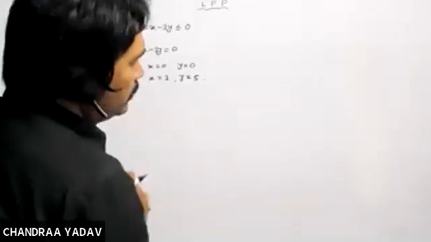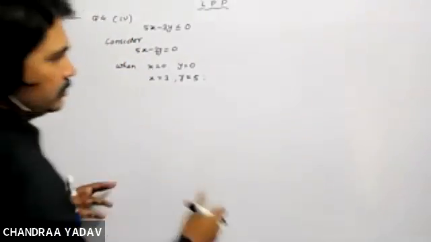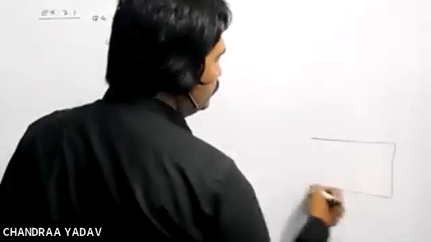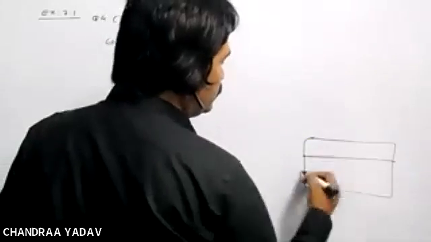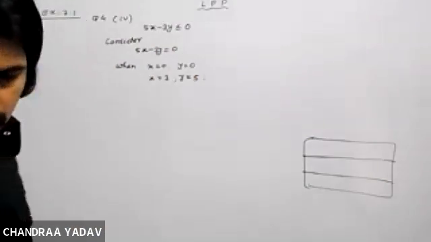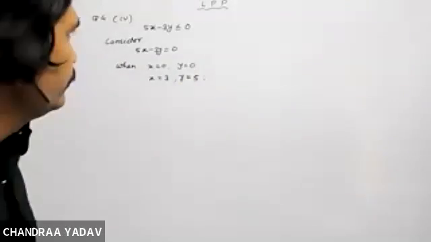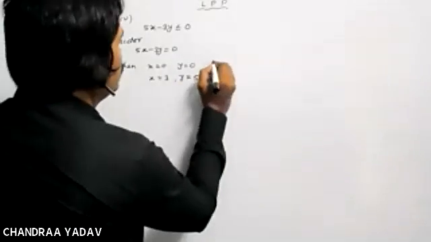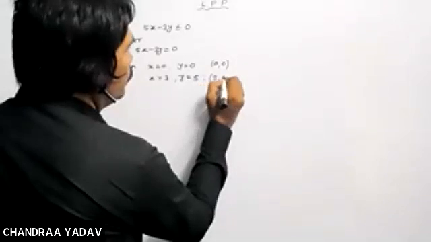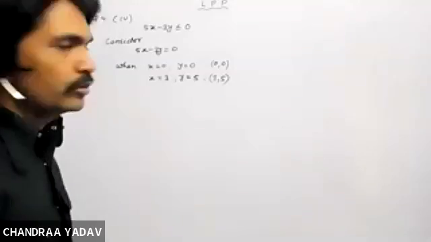It can even be represented in a box also, but it's not necessary. It is up to you which method you follow. So the points are 0, 0 and one more point, 3, 5.